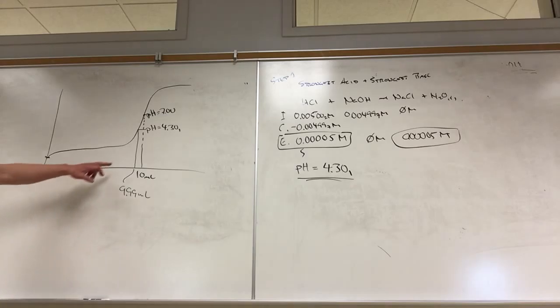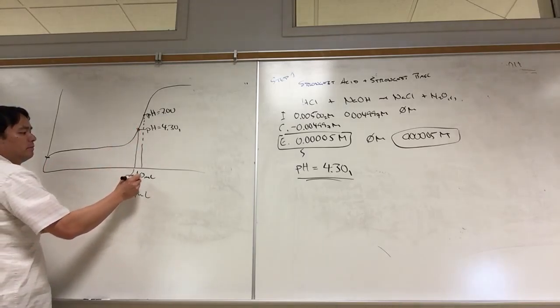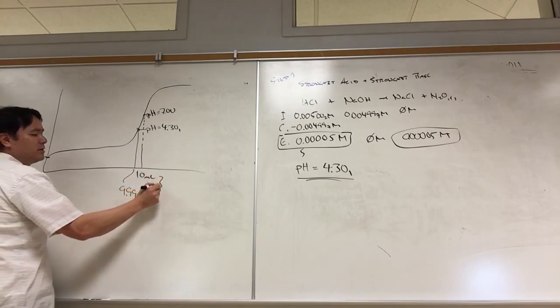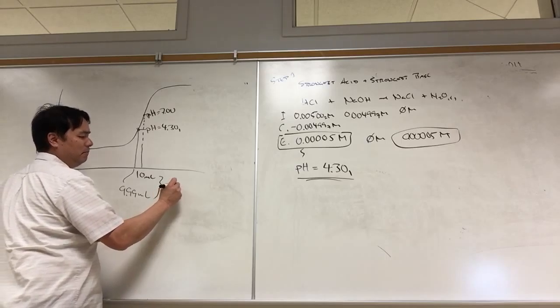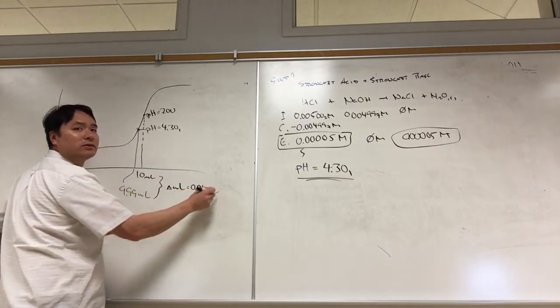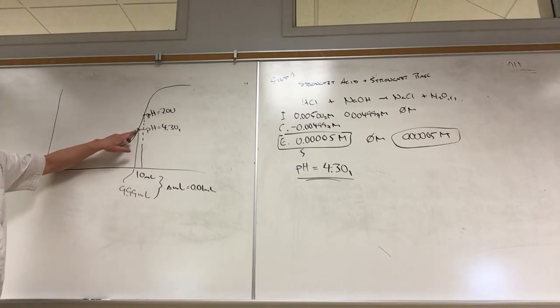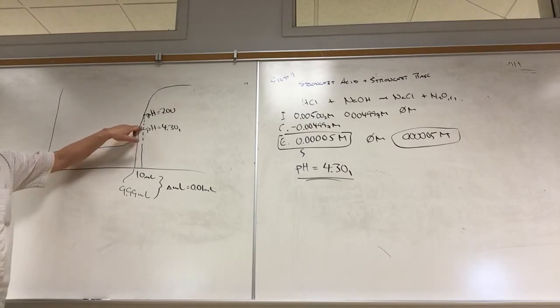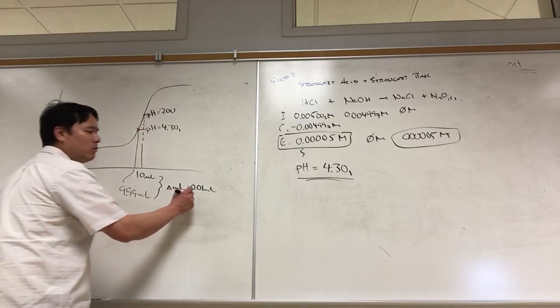Because we just calculated the pH at 9.99 milliliters. Okay, what's the difference between this? The difference in milliliters is 0.01 milliliters. And so when we're at pH 4.3, we add 0.01 milliliters, and all of a sudden the pH will jump to 7.00.